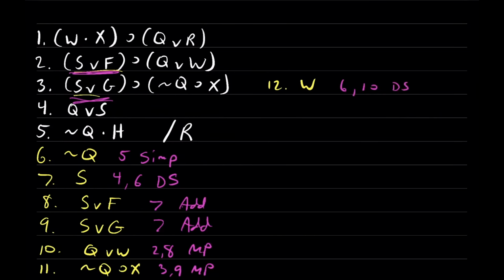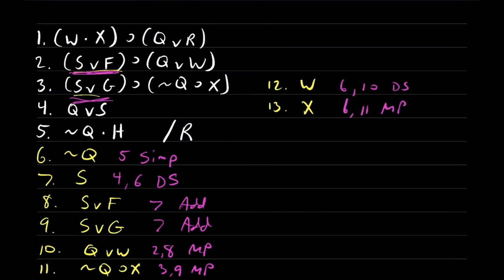I also notice that once we have not Q, we can get X on its own line. That's going to follow from line 6 and line 11, 6 and 11 by modus ponens.